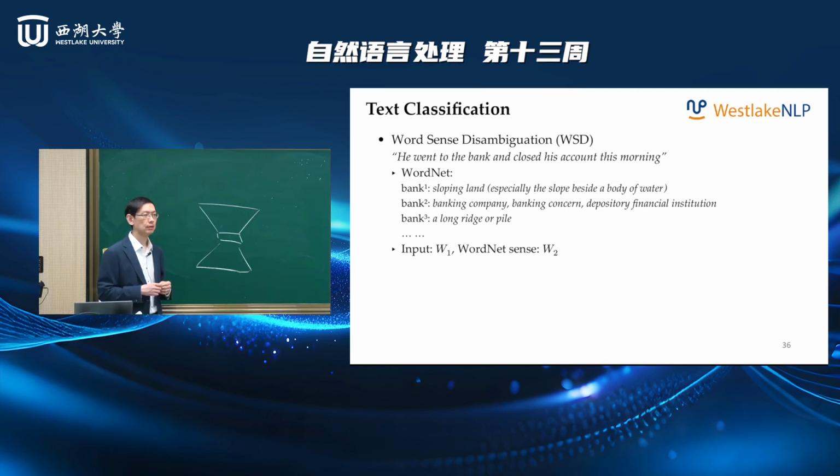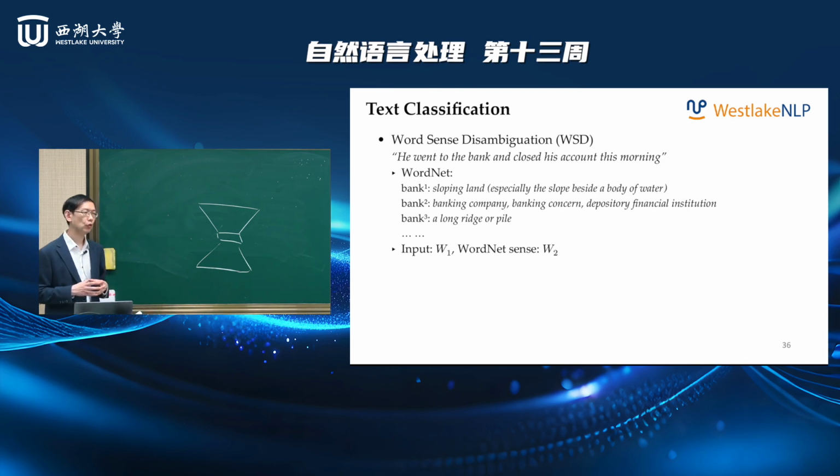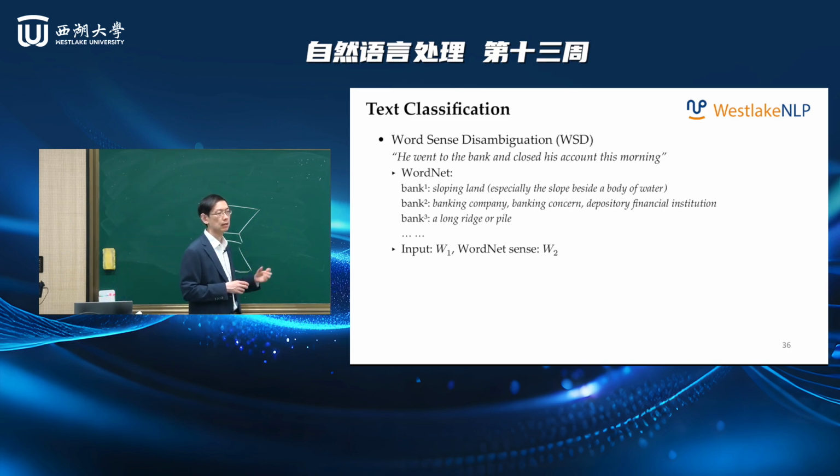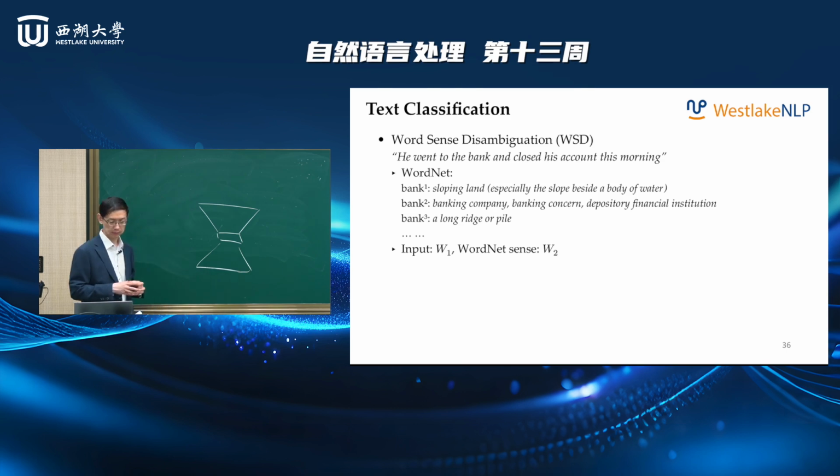So the reference dictionary can be some ontology or lexicon called WordNet or other lexicons, which contains different senses of the same word. And WordNet has a lot of senses for bank, the river bank, the financial bank, etc. So word sense disambiguation is to match the sentence and the word with one of the senses in your lexicon. How do you do that? With BERT.